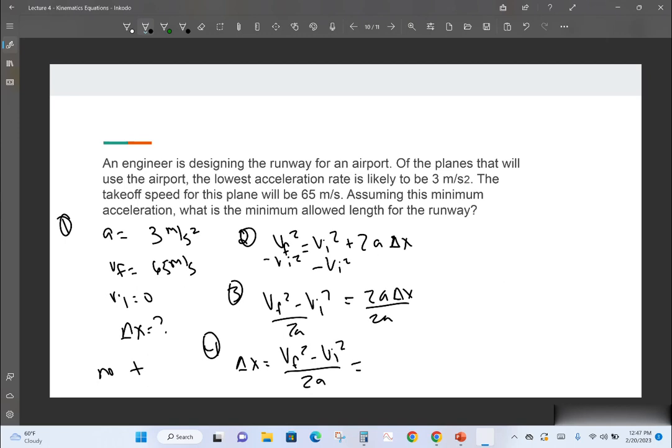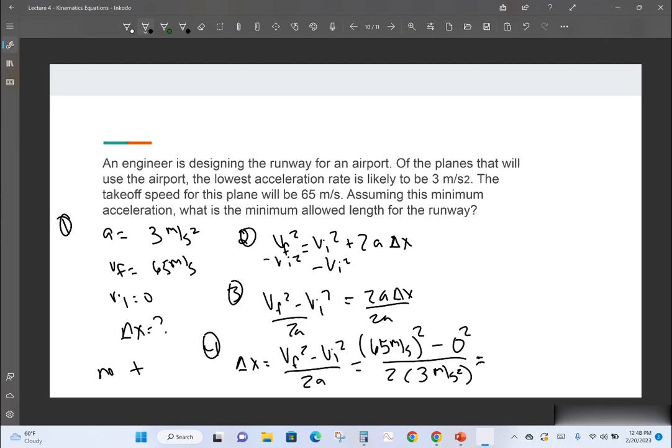So I'm going to put in Vf, which is 65 meters per second, squared, minus 0 squared, all over 2 times 3 meters per second squared. The least number of sig digs in my numbers is 1, so my answer just needs to be rounded to 1.